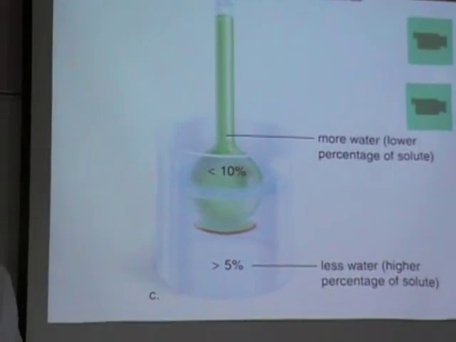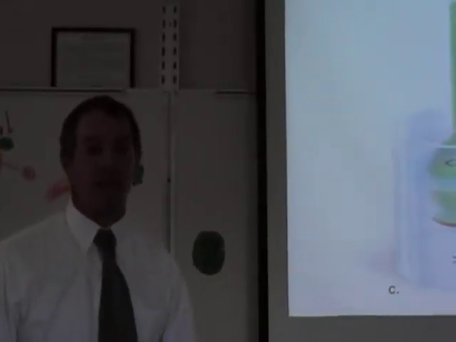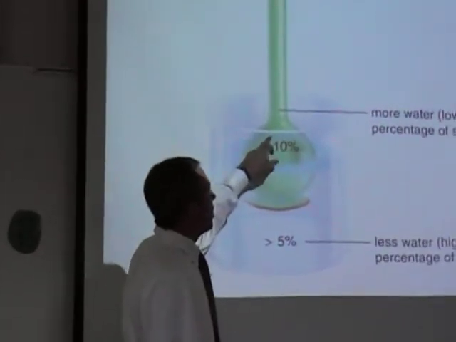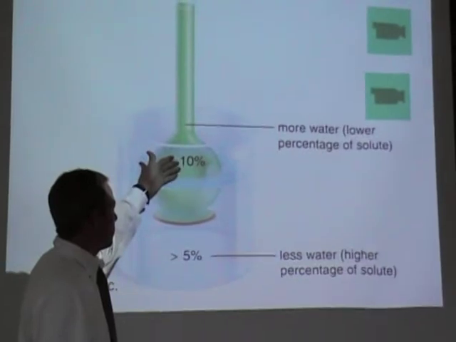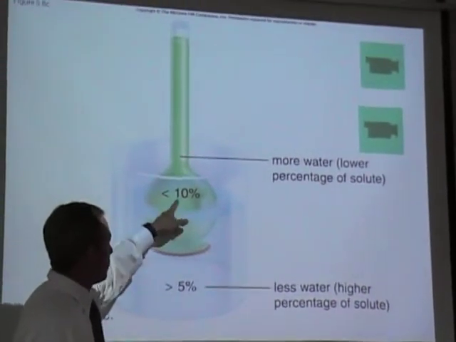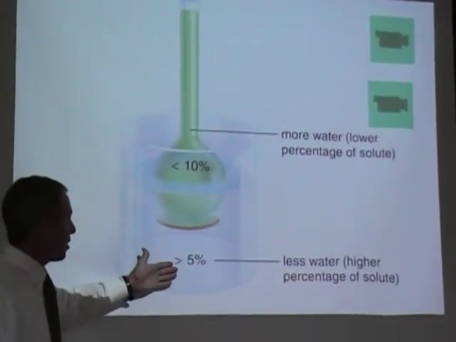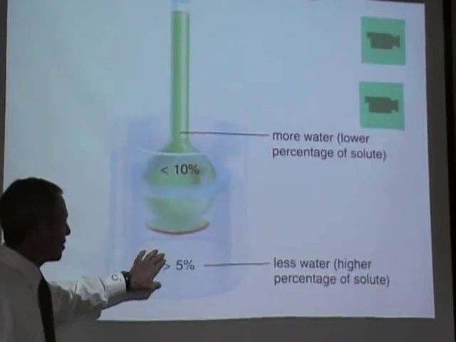It's the thing that you dissolve. Solute is what dissolves. It's like sugar or salt or something like that. So this one has a lot of water and not much salt. This one has less water and a lot of solute.